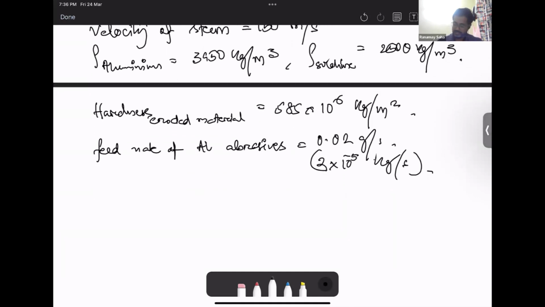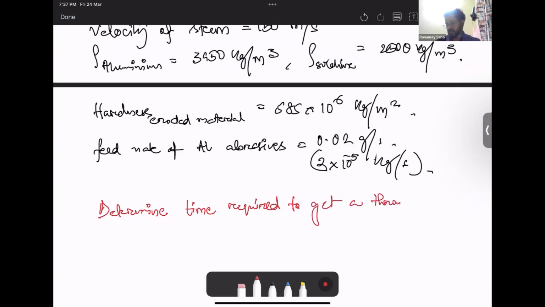Okay, so given these things, you have to determine the time required to get through a hole of the given die.